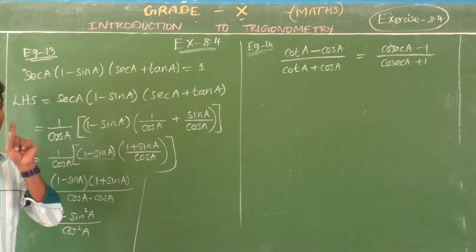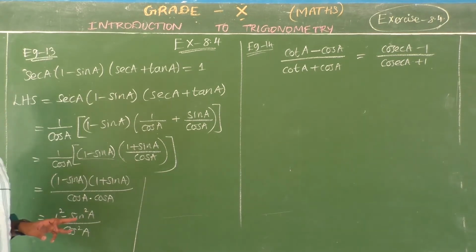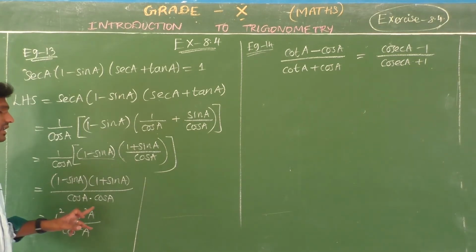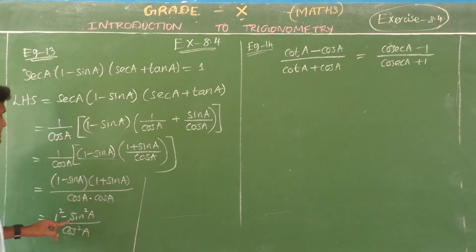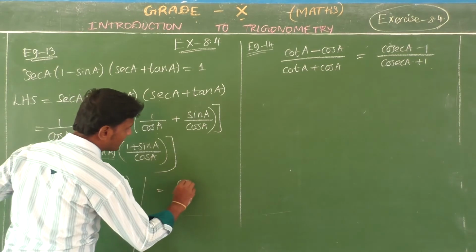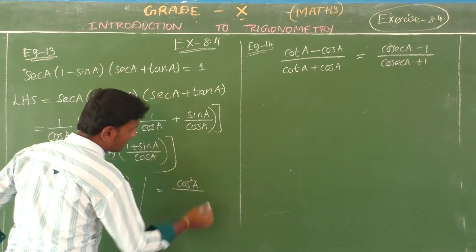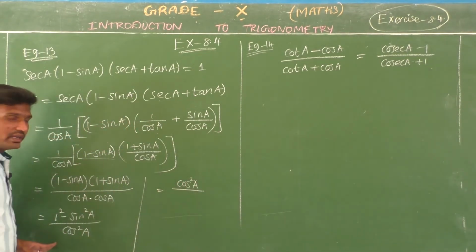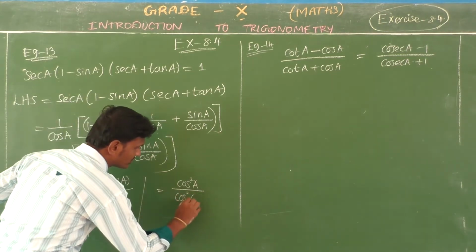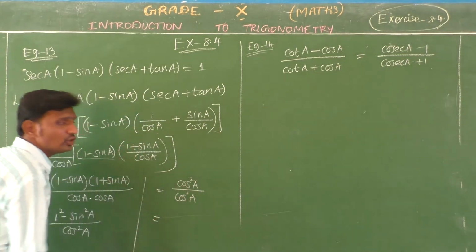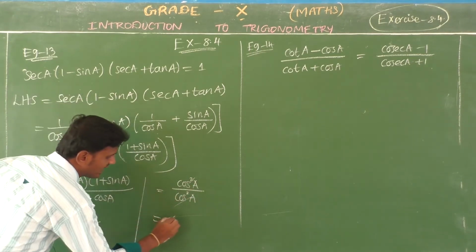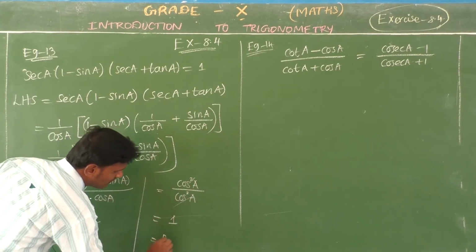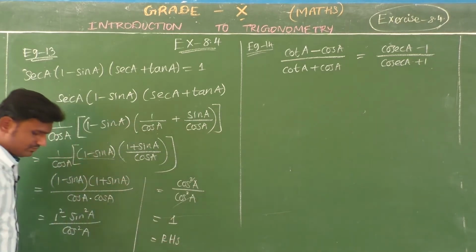Here I need only cos square, so moving sin square A to the other side it becomes minus. So 1 minus sin square A is cos square A, divided by cos square A. Both numerator and denominator have the same term, so we cancel. The final answer is 1. That is your right side.